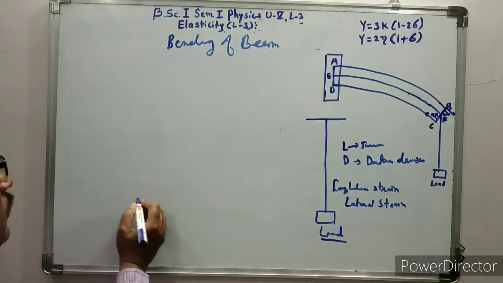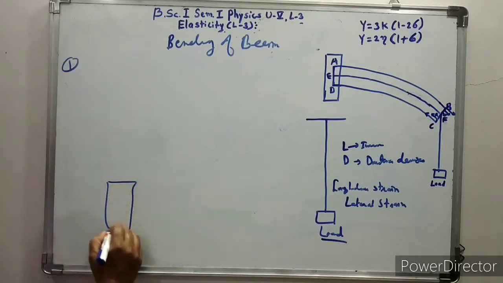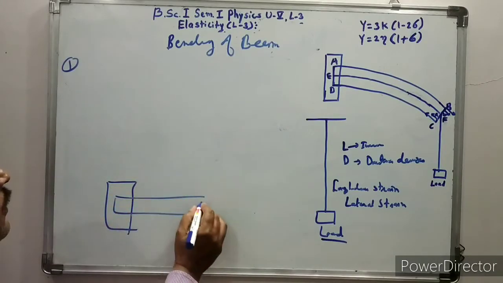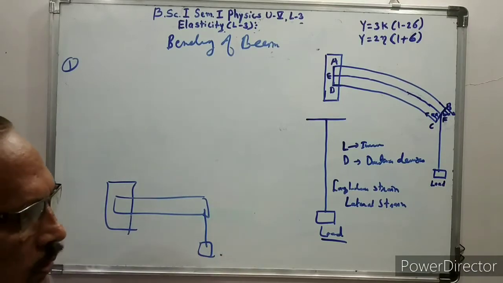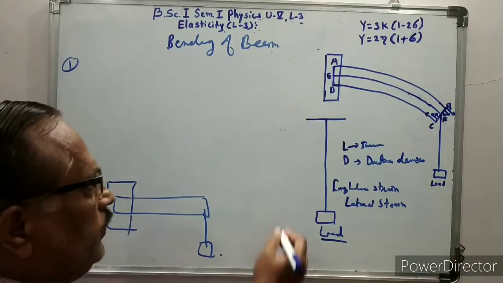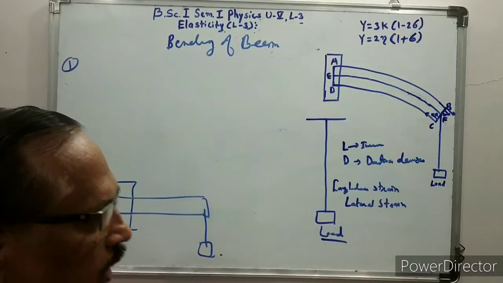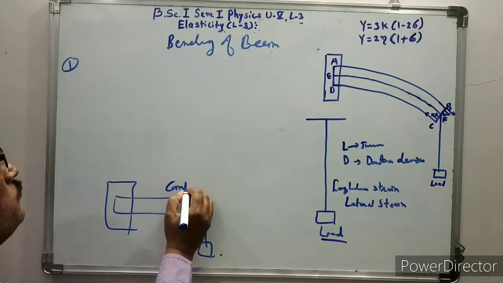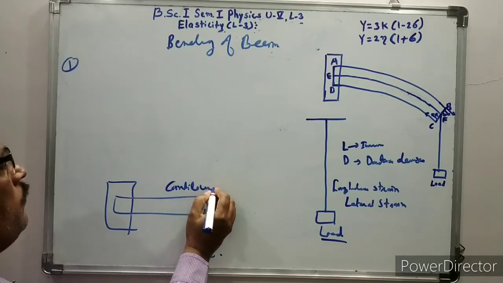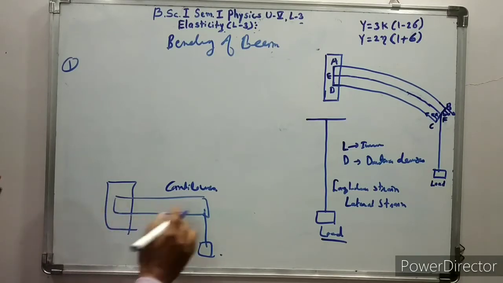In one case, the beam is fixed at one end and loaded at the other end. Bending will take place in this manner, and such a beam is called a cantilever. The beam is clamped horizontally at one end and loaded at the other.